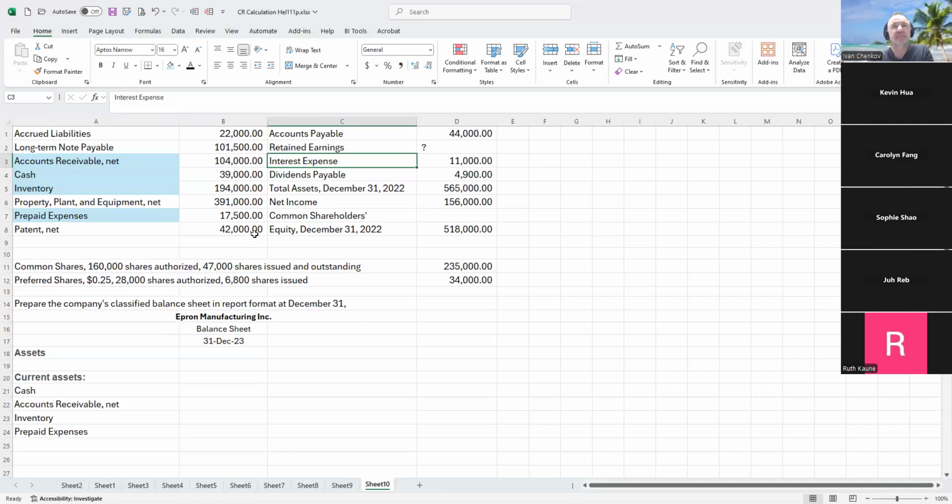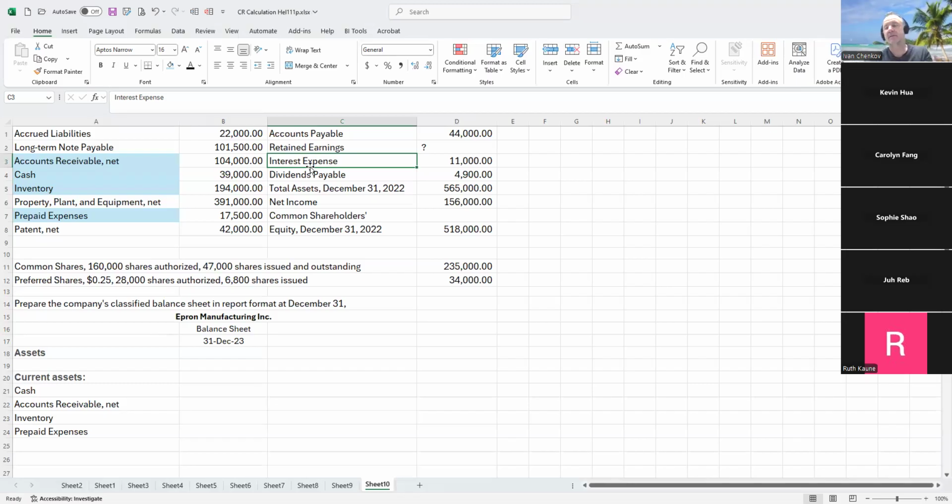Any suggestions? Where on the balance sheet can I find this interest expense? What's interest expense? Is it an asset? Is it a liability? Is it equity? Come on, people.